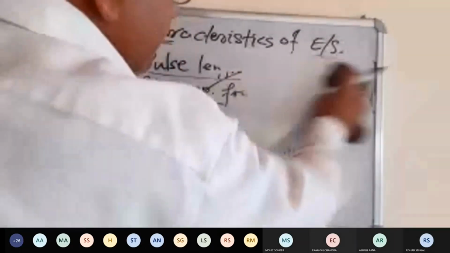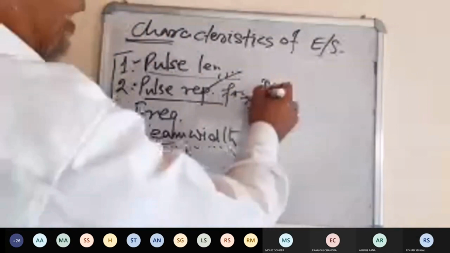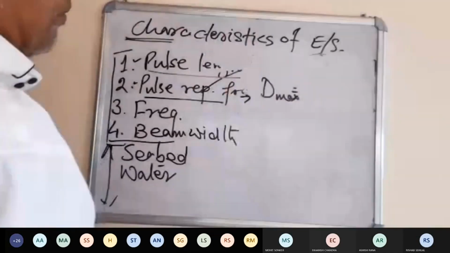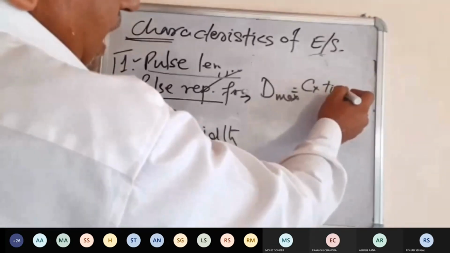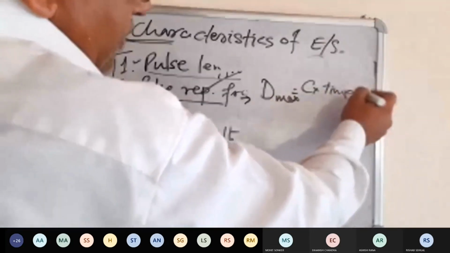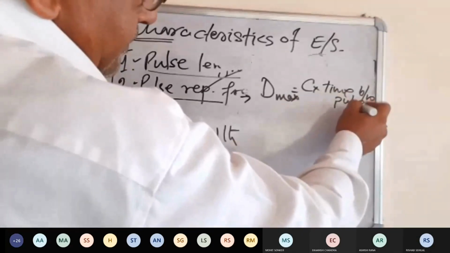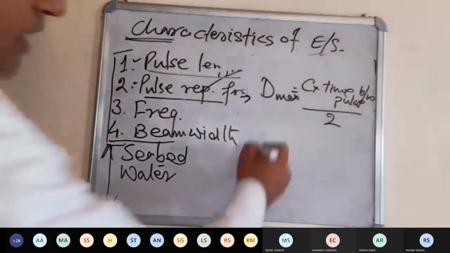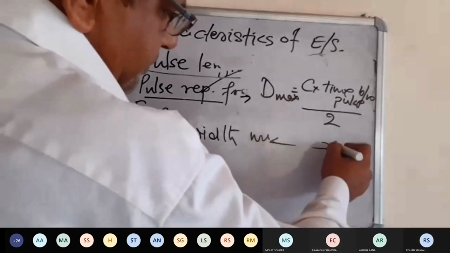So how much is that? That's basically D maximum is equal to C into time between pulses divided by 2. Why? Because we had this time between the two pulses.